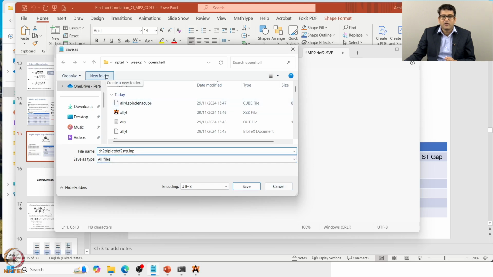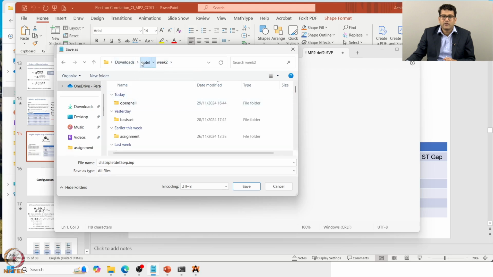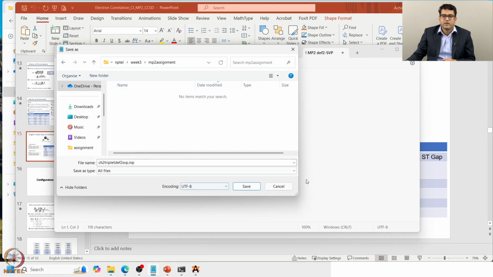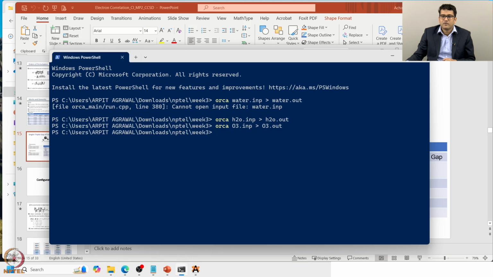Let me make a new folder called MP2 assignment. I should have made it inside week 3. Inside the MP2 assignment, let me save it. So it's now saved.